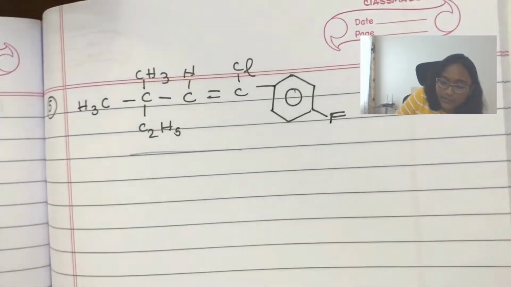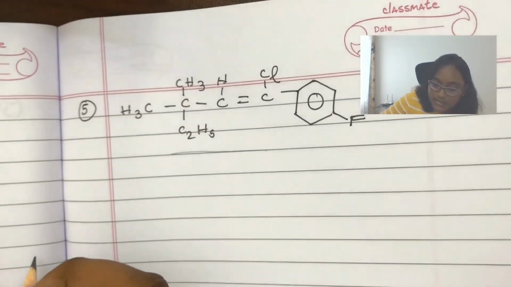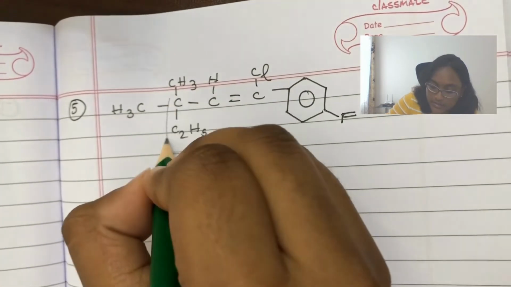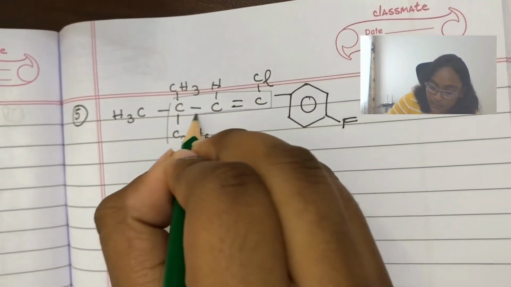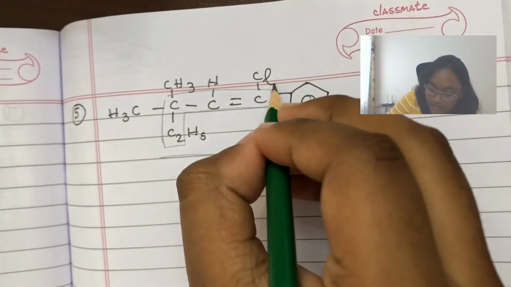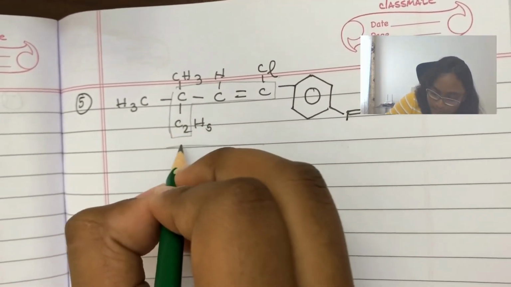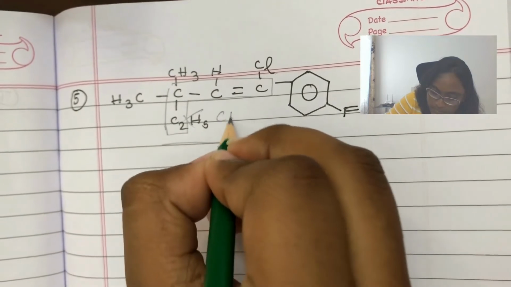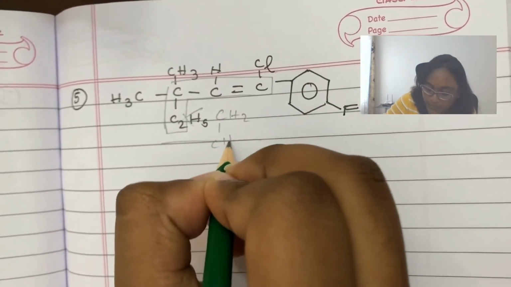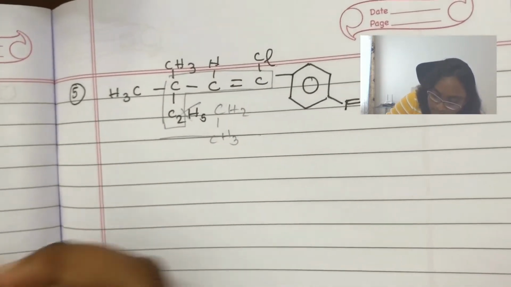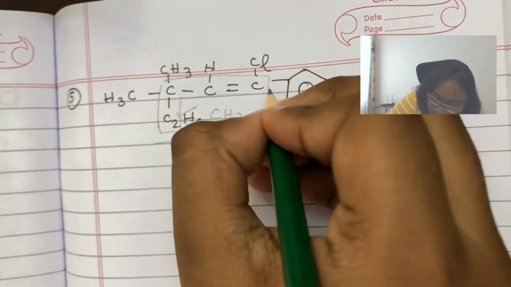The fifth task is this structure over here. So here we take this as our main chain, since there is a halogen and a double bond as well, and we can expand this C2H5 as CH2 CH3 because it will help us number it better.